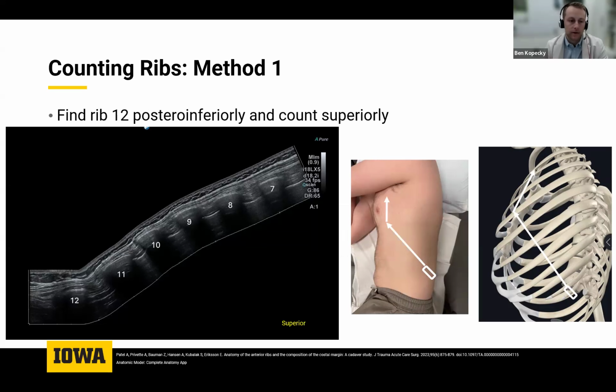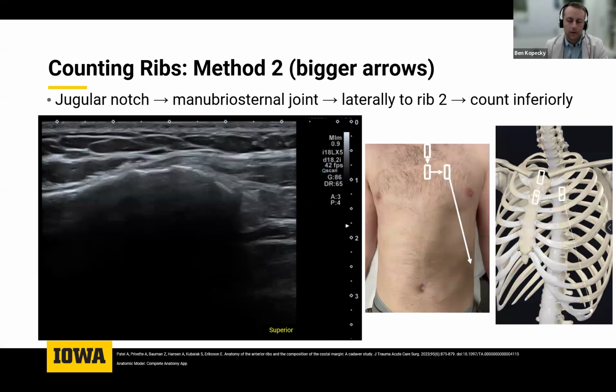So in this first method, you start by identifying the 12th rib in the posterior flank. And from here, you count superiorly, again, referencing prior radiographs to tally the number of ribs present. The second rib counting method utilizes the landmark of the second rib that originates from the manubriosternal joint, essentially 100% of the time.